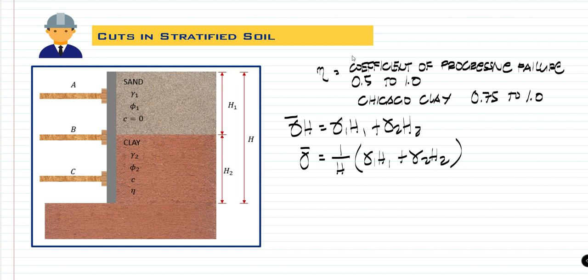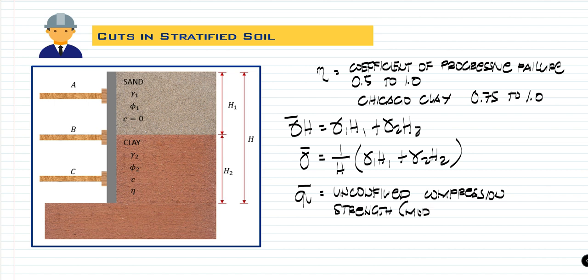So, for this part, kakailanganin natin yung tinatawag natin na Qu bar, which is yan yung unconfined compression strength. And since meron siyang bar dun sa taas, this is modified. So, alam natin yung unconfined compression strength na yan.